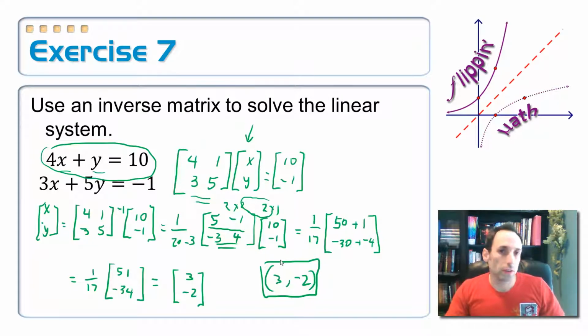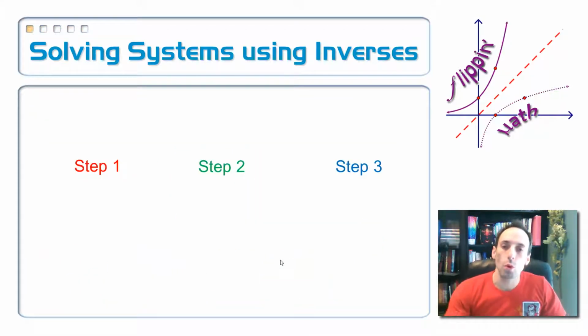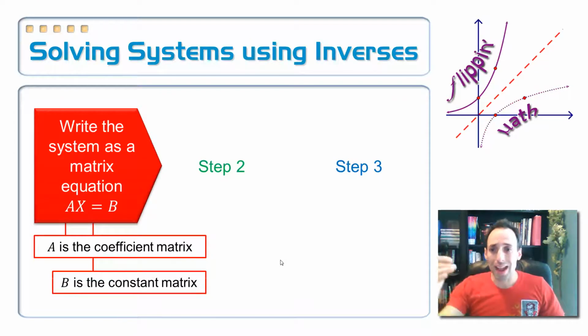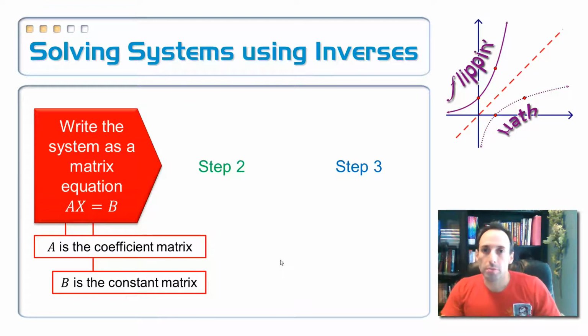So if you needed something to write down for steps, step number 1, you're going to first write your system of equations as a matrix equation. Matrix A is the coefficient matrix. X is what you're looking for. If it's a 2 by 2 system, it's a column X, Y. Okay? And then equals B, those are the constants that you're equal to. You might think of those as the answers, right?